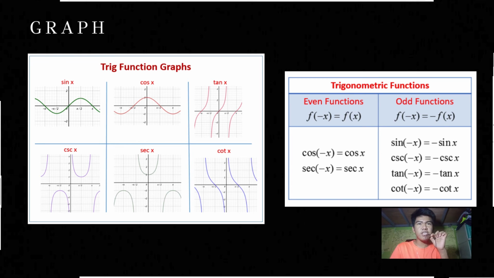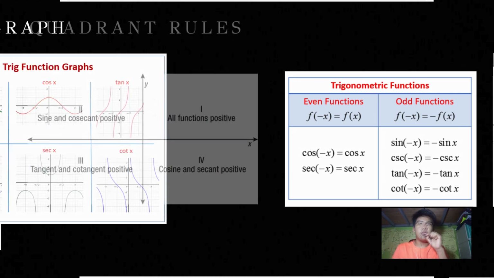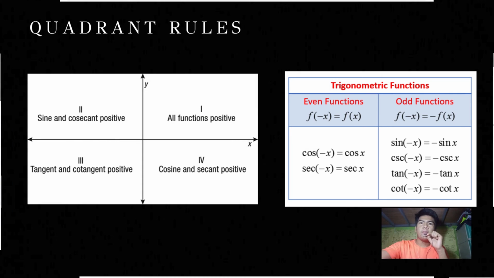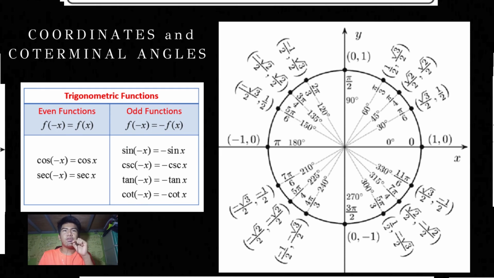We can see in the graph that there is something to do with these even functions, and we will know it later, but just recall to better understand. Next is the quadrant rules, and third is the coterminal angles.